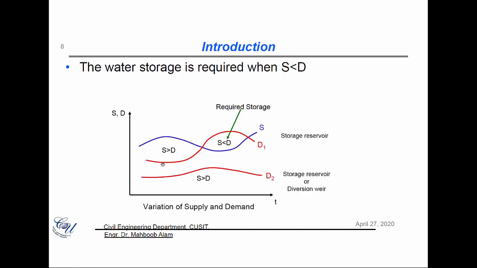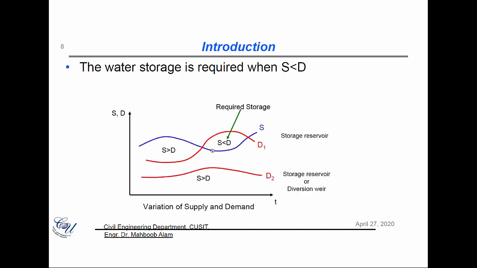So in winter months the demand is comparatively lower, and as we move to the summer months the demand increases. Fine. So you have these two curves which intersect each other at a particular time. And basically, this is that part where you have more demand than the supply available, and this is that amount which we need to store.